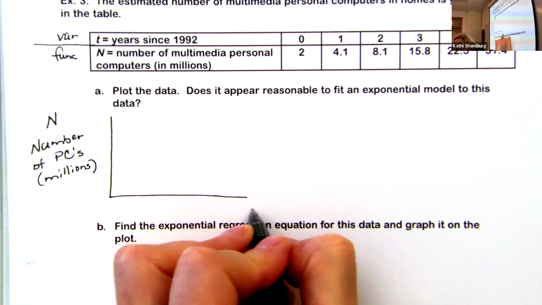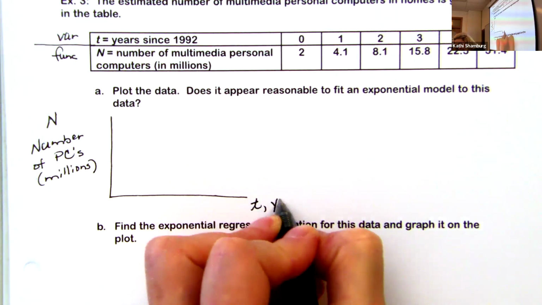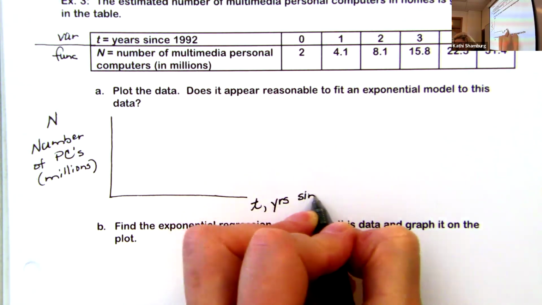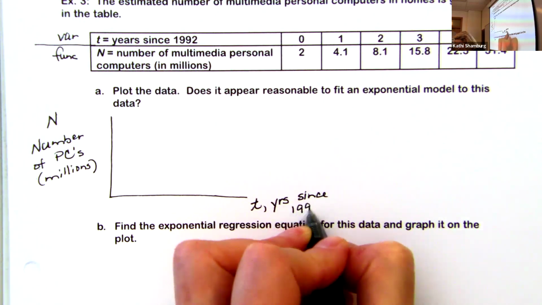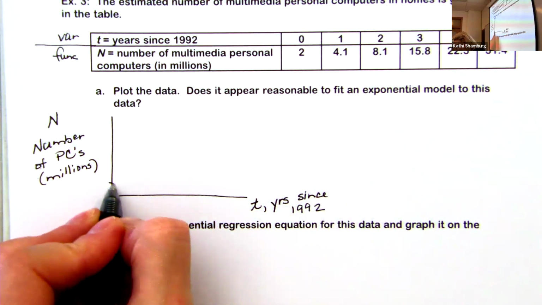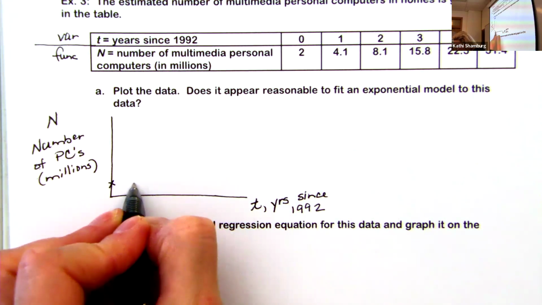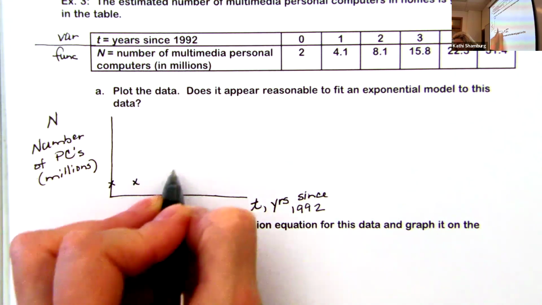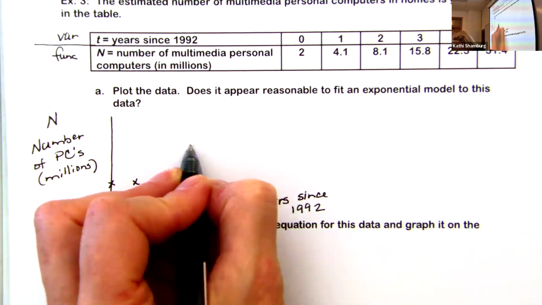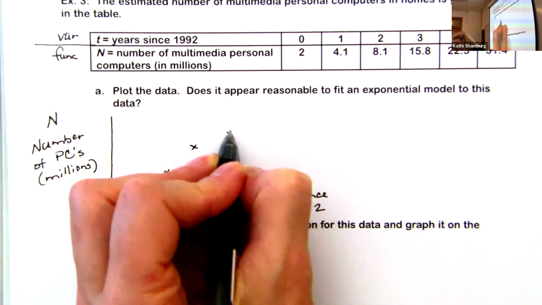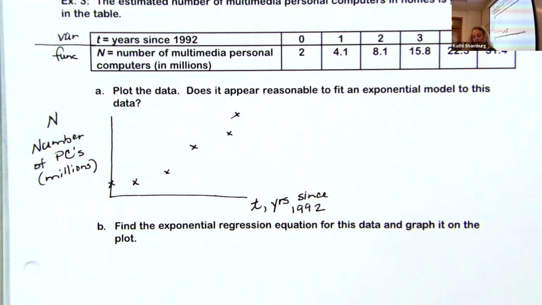The variable is T, years since 1992. Kind of something like that. It's not exact, but obviously I'm going to have flexibility on that.